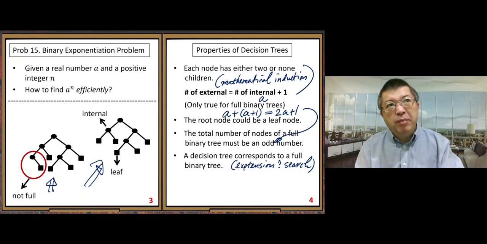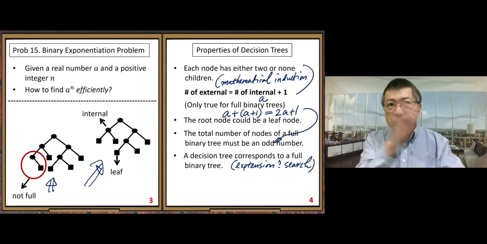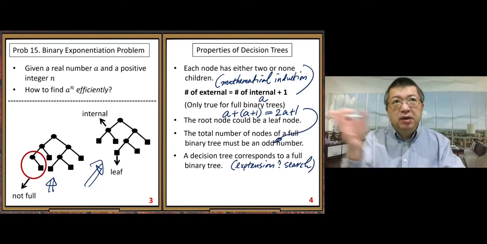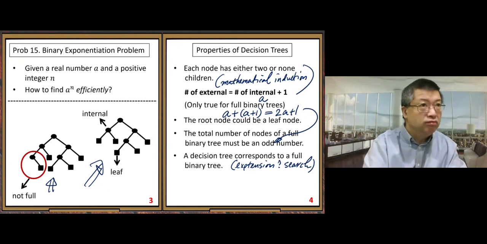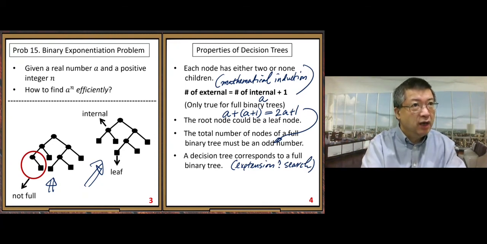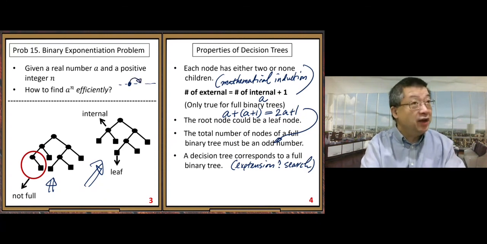Because sometimes when we make a decision, we may only have one outcome, not 2 outcomes. When you do a search, binary search, at some point you can only go to one side, not 2 sides.